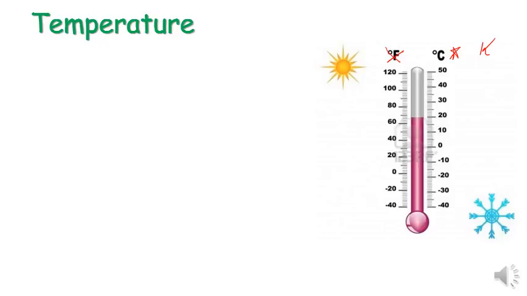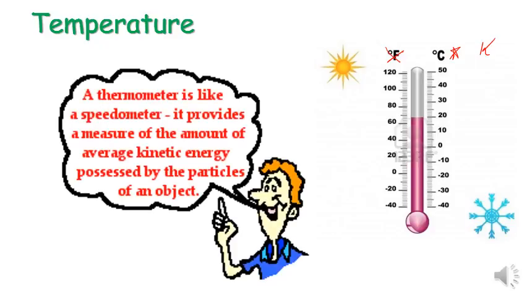From the previous slide, I was talking about the average kinetic energy, and that being the definition of temperature. So you can think of a thermometer like a speedometer. It provides us a way to measure the kinetic energy possessed by the particles inside an object.